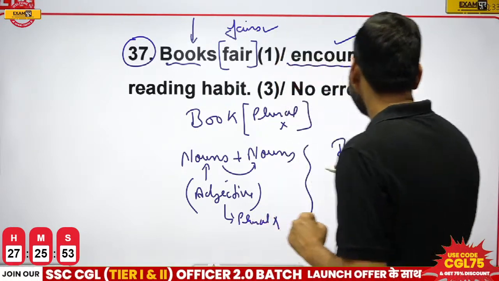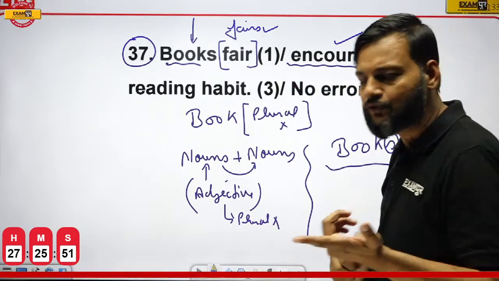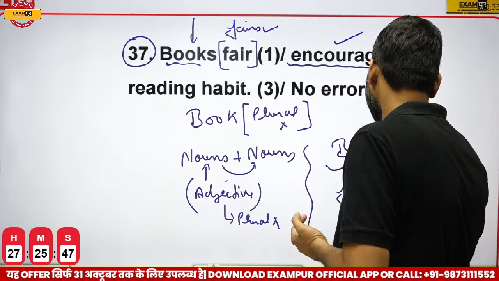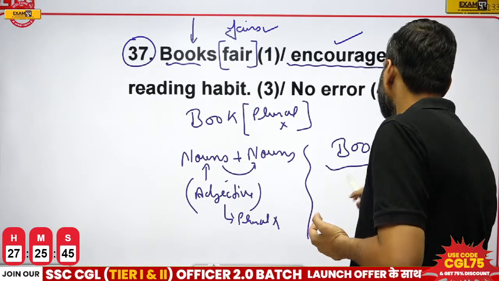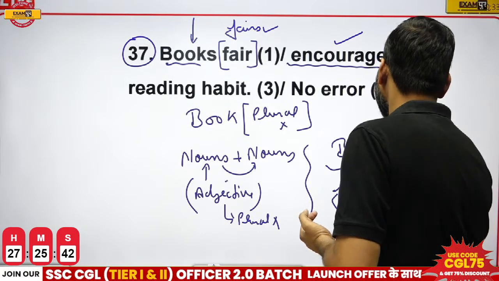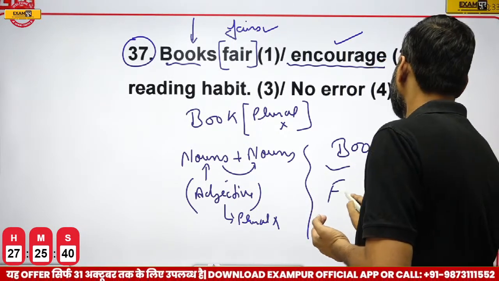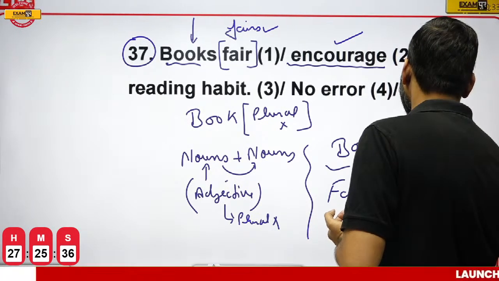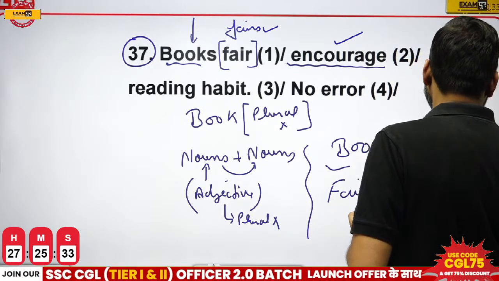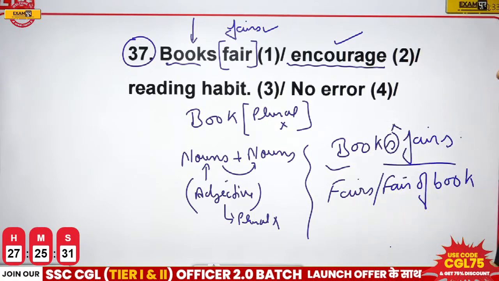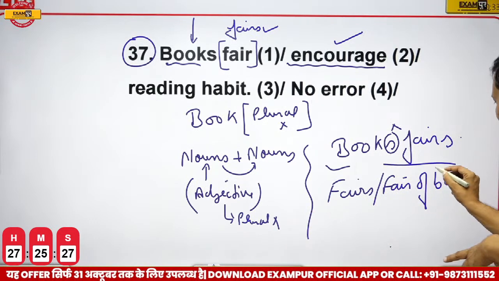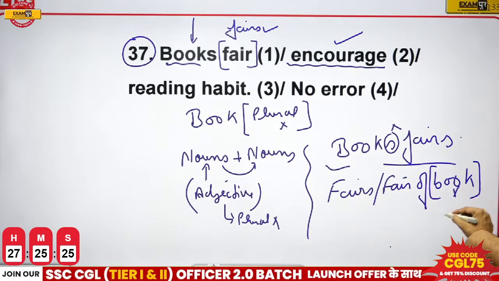Now, the point where I got confused was, if we write it as fair of books. If I write the expression in this format, then we cannot use the word book; we need to write books.